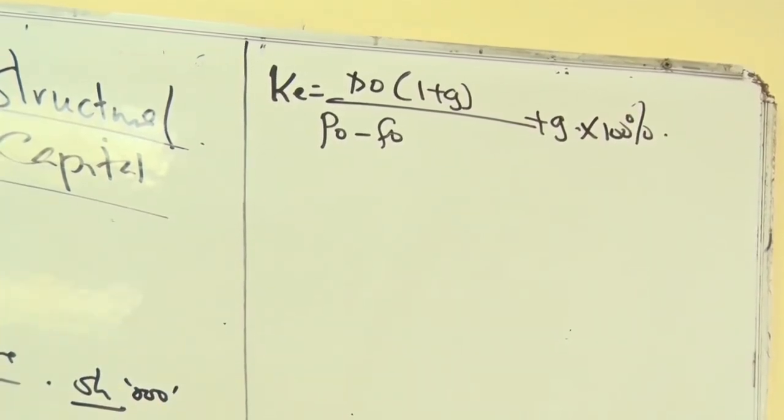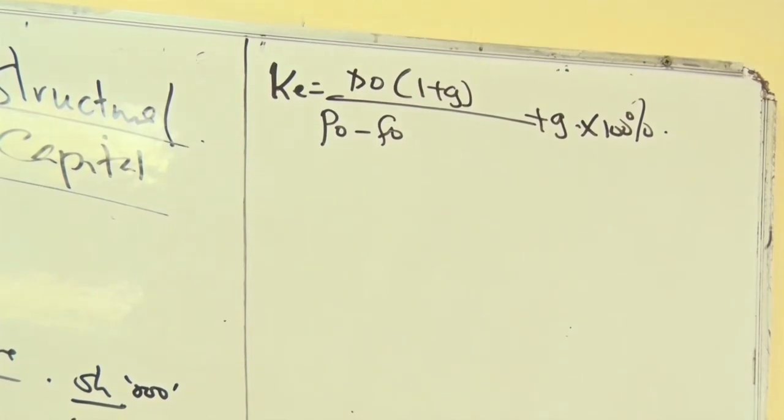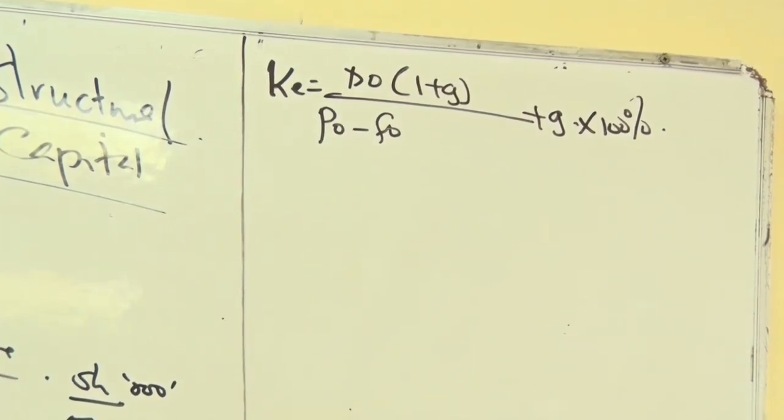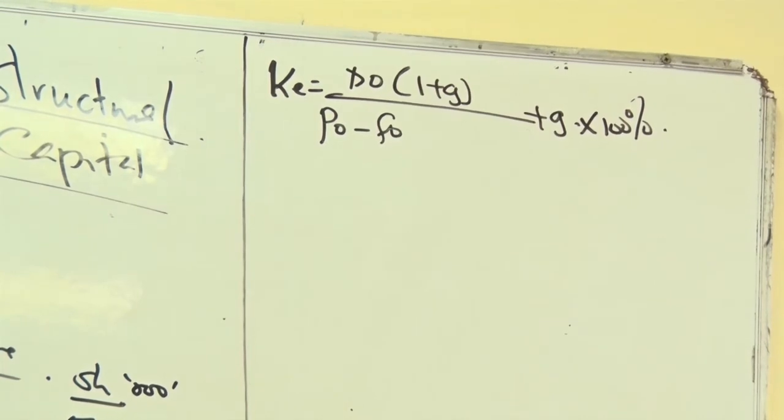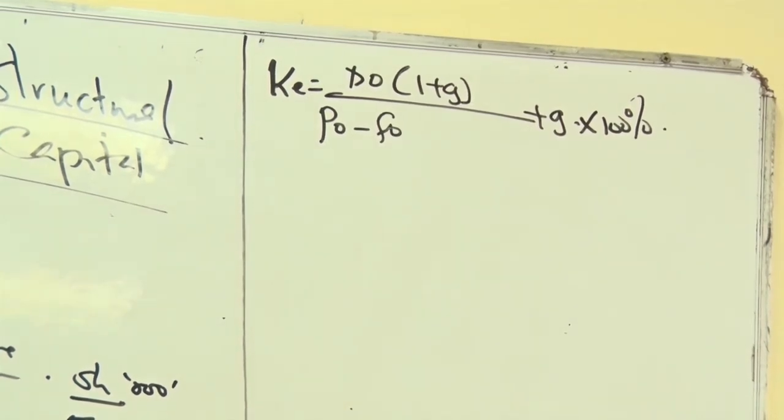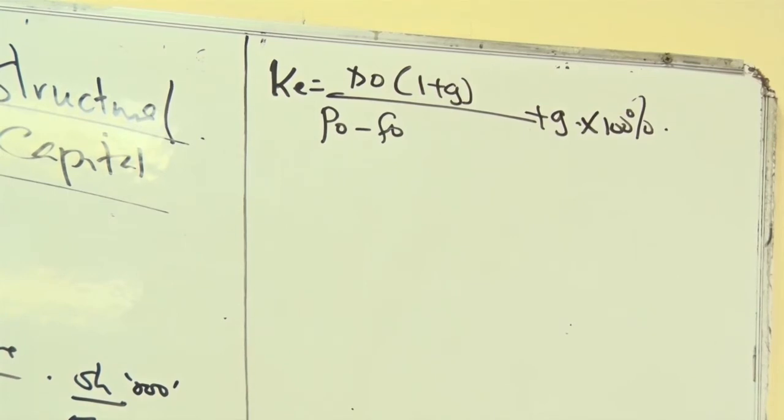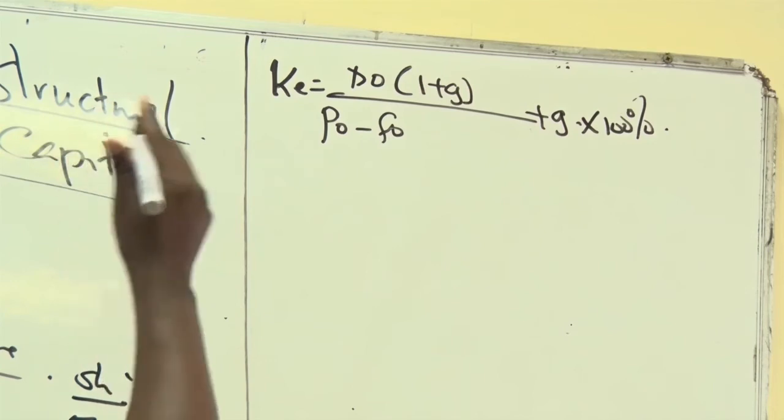So from the question, you need to get our DO. DO is the dividend per share. The company has just paid a dividend of shillings 12. So your DO is 12.